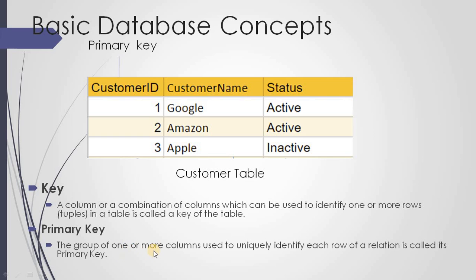The group of one or more columns used to uniquely identify each row of the relation is called its primary key. Now here the most important word is uniquely. Primary key is used for unique identification. In this example, no two customers can have the same customer ID.